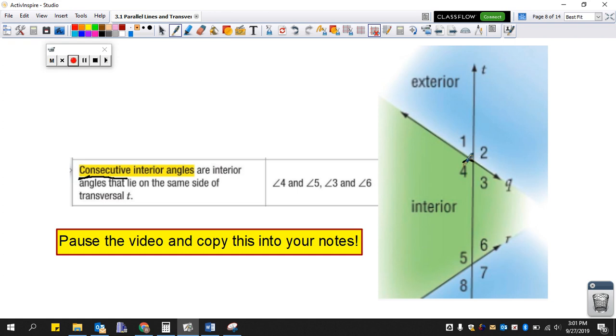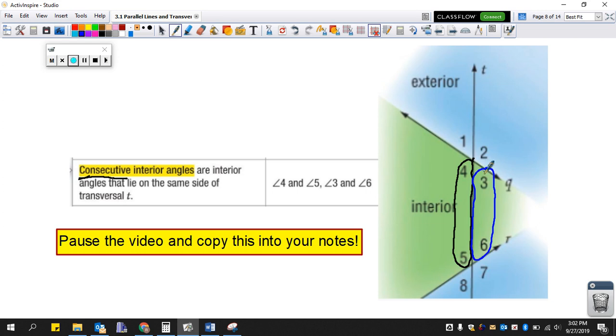So in other words, 4 and 5 are consecutive angles, and 3 and 6 are consecutive interior angles.